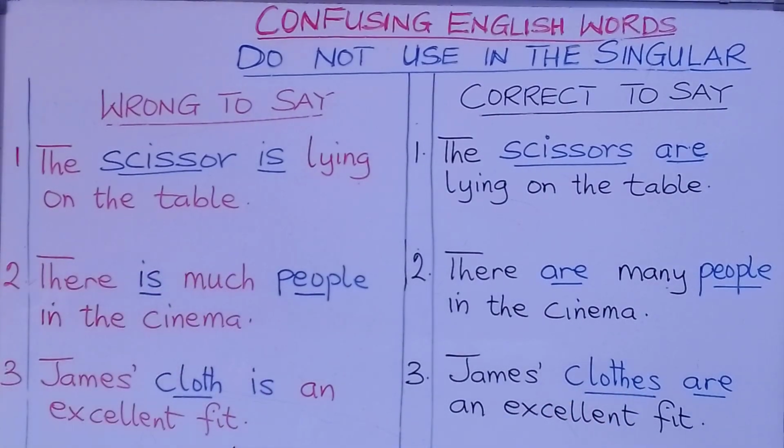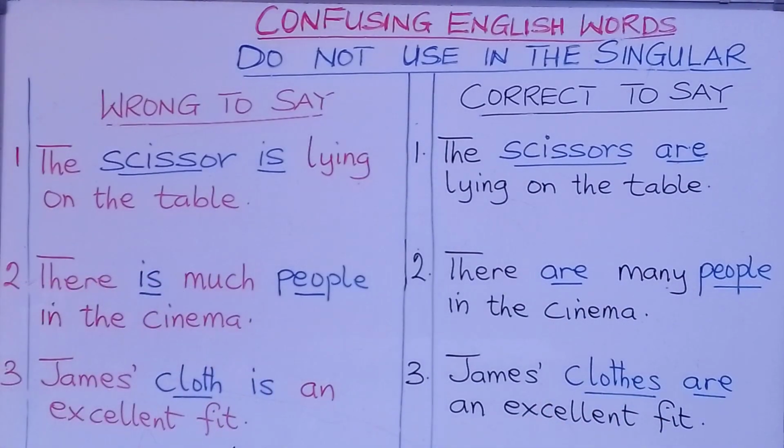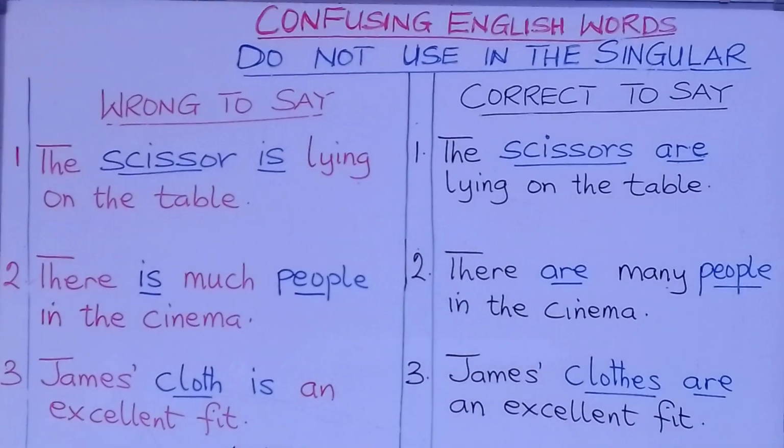You don't use this in the singular form. Cloth, that is the material of which clothes are made, you can use that in the plural form. So you can have merchants sell different kinds of cloth. Now, let's take our examples as they are on the board.